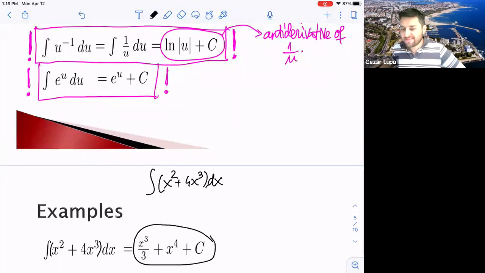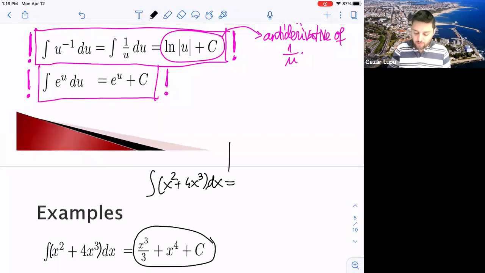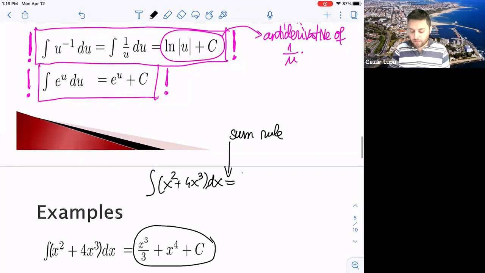Well, let's see. Exactly. Exactly, Eric, correct. So maybe we should use the sum rule first. So this would be the integral of x squared dx plus the integral of 4x cubed dx. And then what? What to do next?